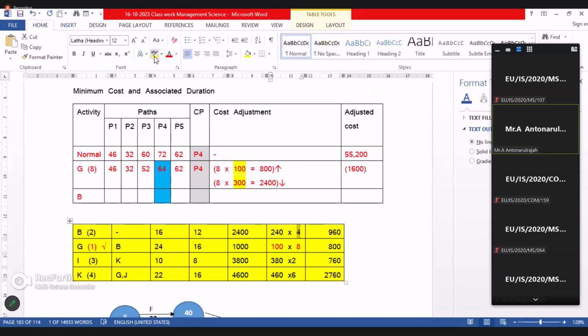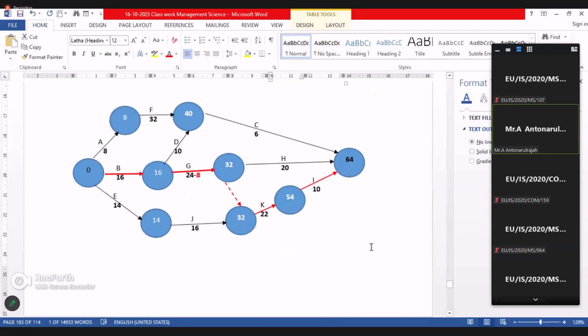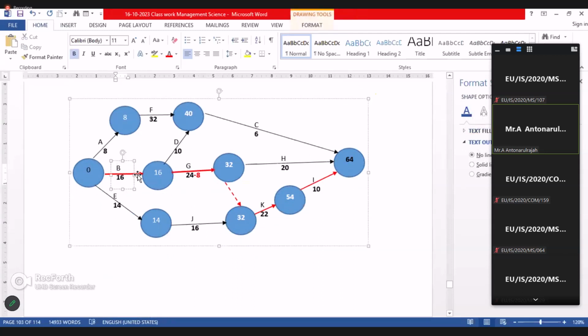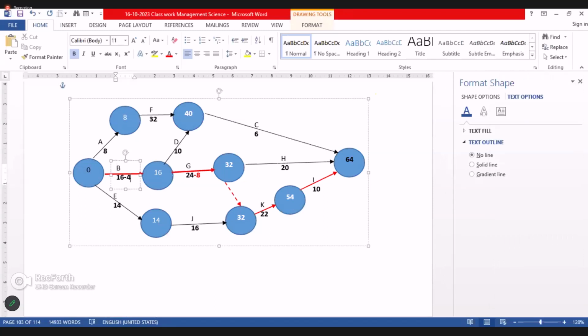If you go to the diagram, B is 4 days. By reducing B by 4 days, what will happen?